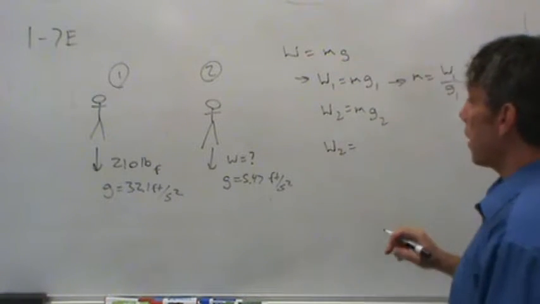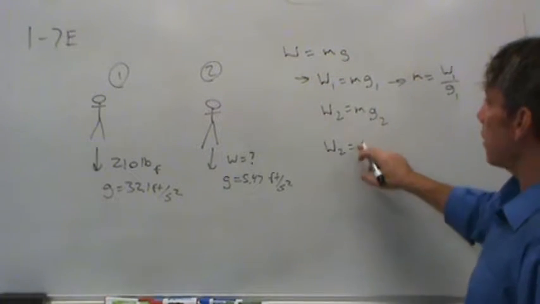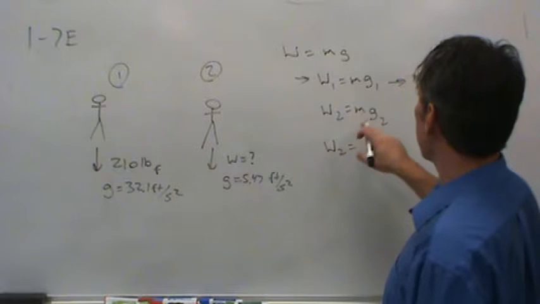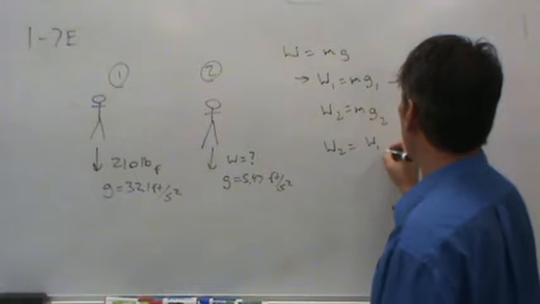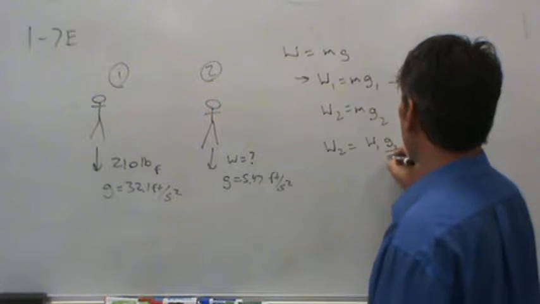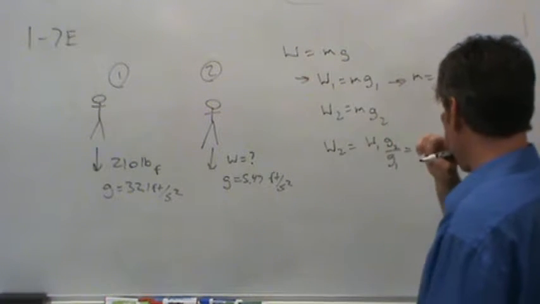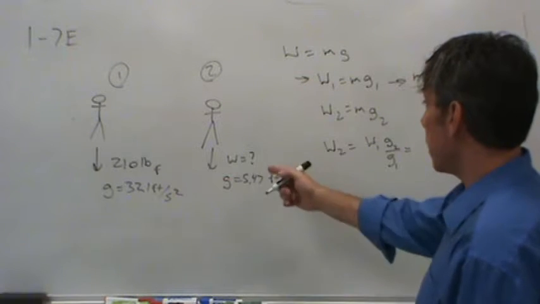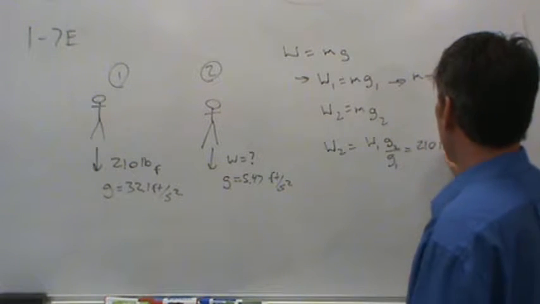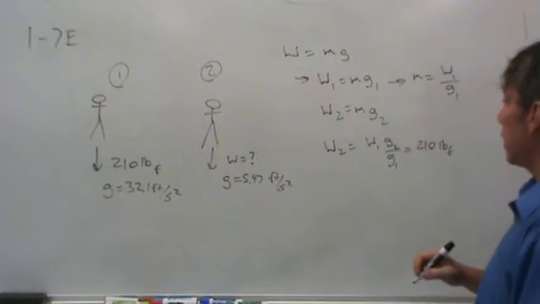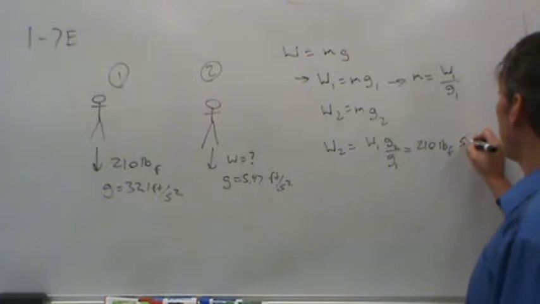But before I find his mass, I'm going to show you how to solve this without that. If we plug this in, we'd have weight 1 times g2 over g1. So it's pretty easy to calculate his weight on the moon. All we need to do is take his weight of 210 pounds force and multiply it by 5.47 over 32.1.